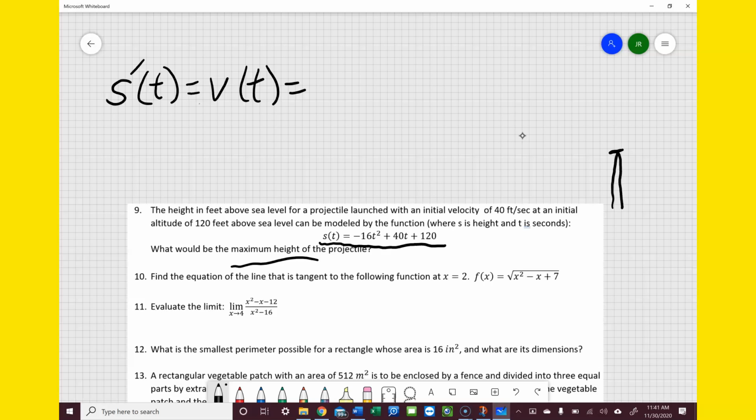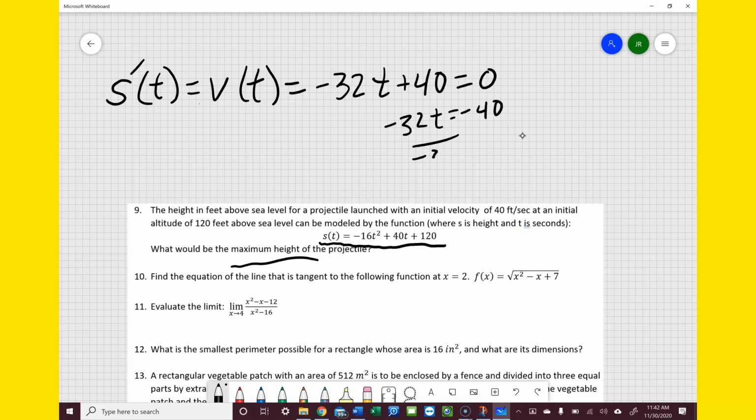So we get the velocity to be negative 32t plus 40, and we set that equal to 0, and at that moment we'll be at the maximum height. So move the 40 over, divide by negative 32, t will equal 5/4 when you reduce it, or 1.25 seconds.